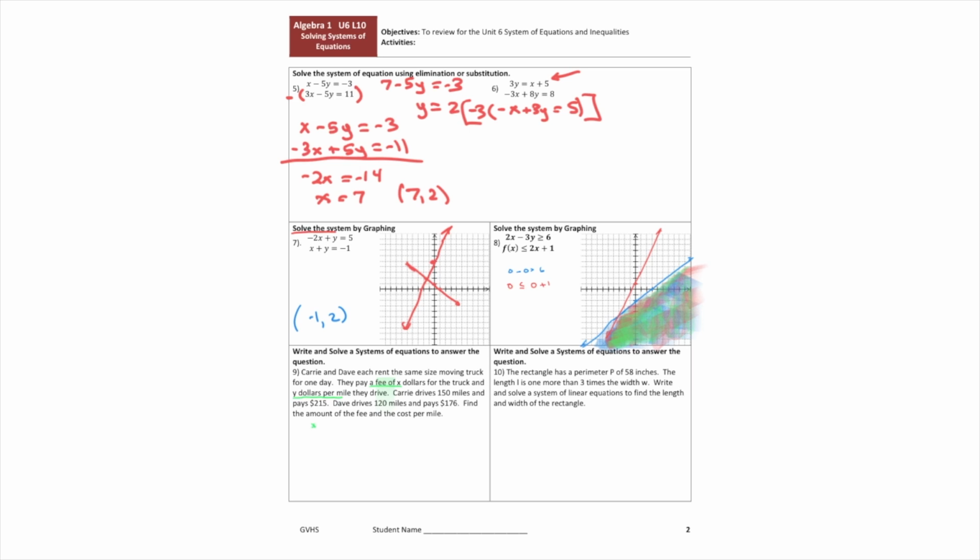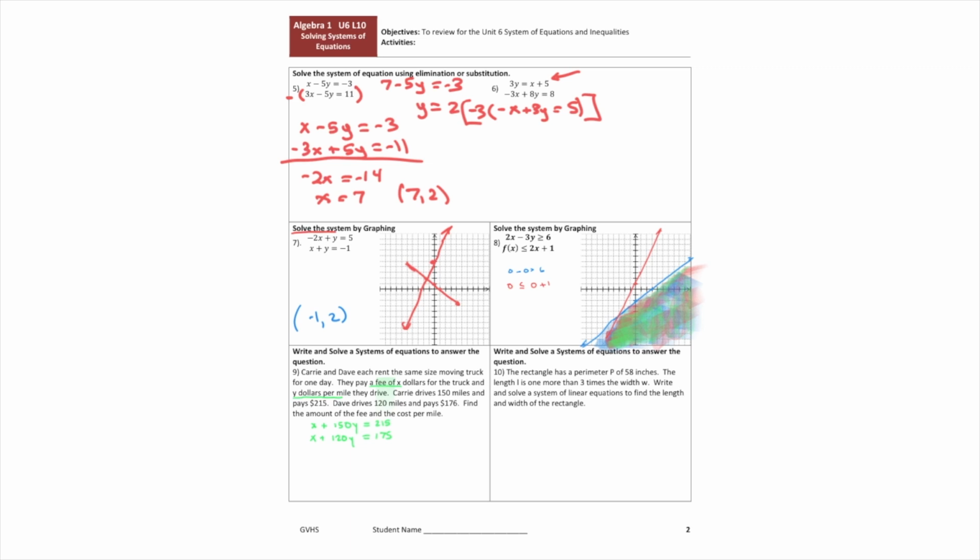So Carrie has to pay X dollars plus $150 for each mile that she drives, and she paid $215. Whereas Dave had to pay the X plus that 120 miles that he drove, and that cost was $176. Now again, it's your choice how to solve. For this one, I'm going to suggest elimination.